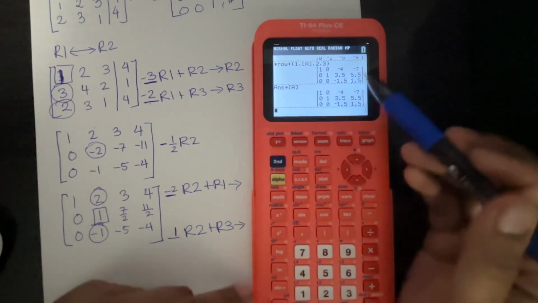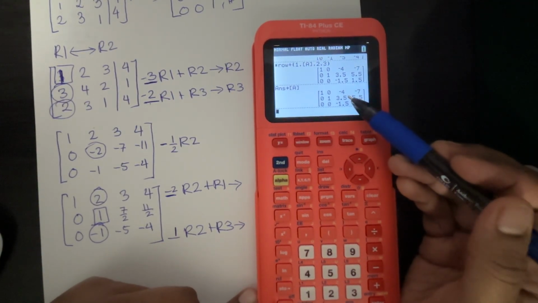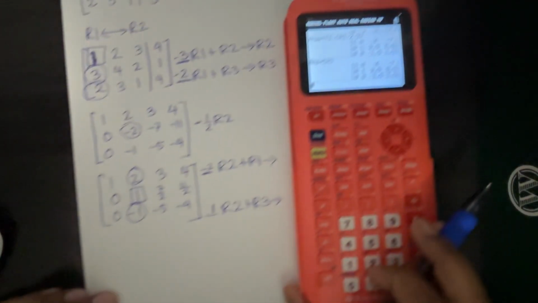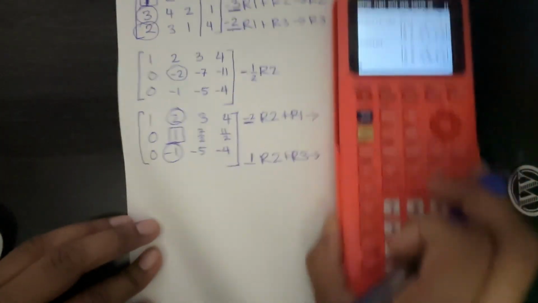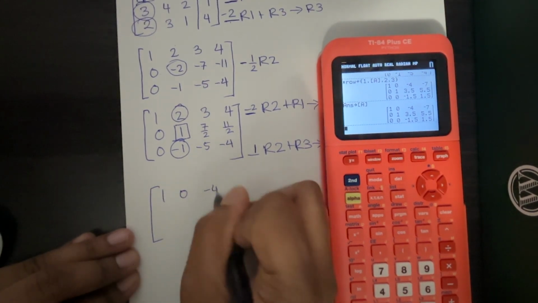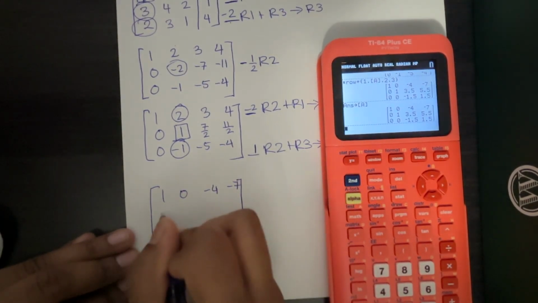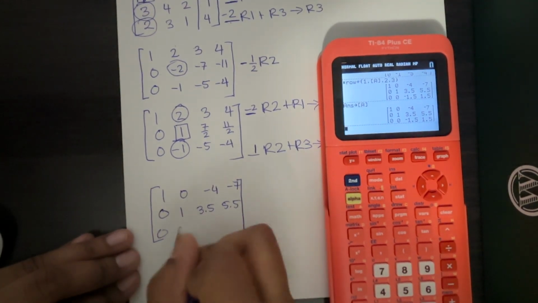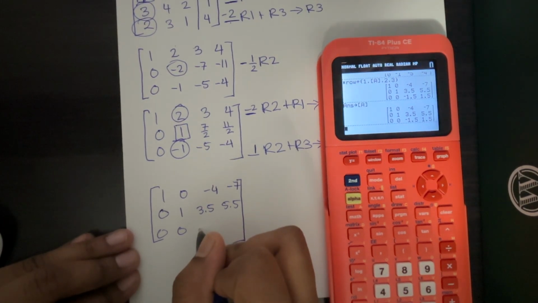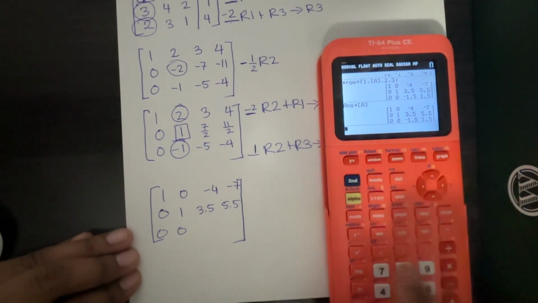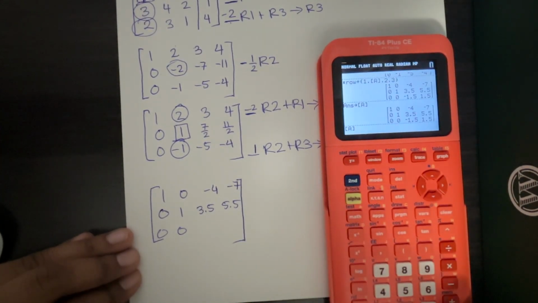This time, what do I need? I need a 0 here and a 0 here. So let's write that out. So we already changed the matrix, but here, yeah, this one has the correct row.